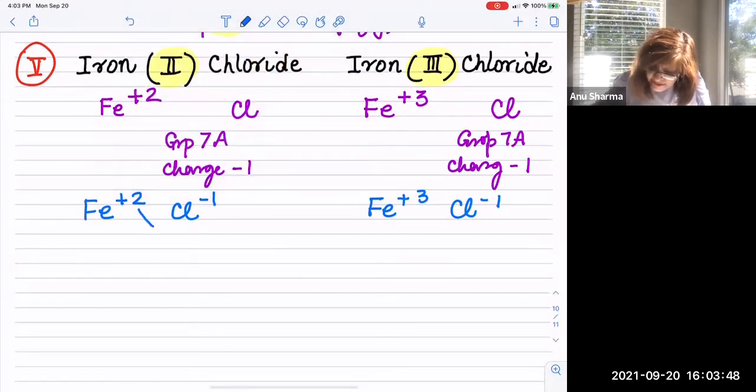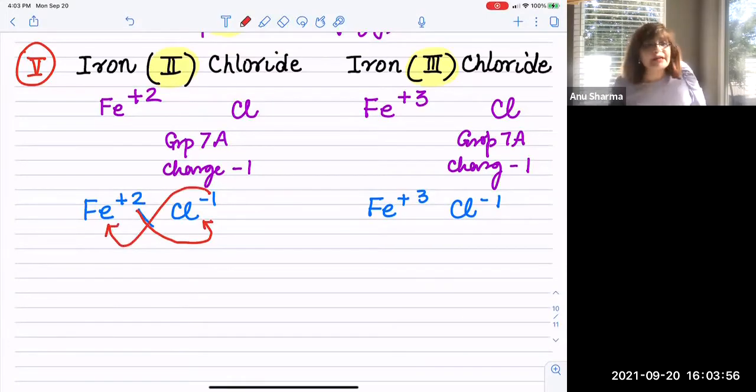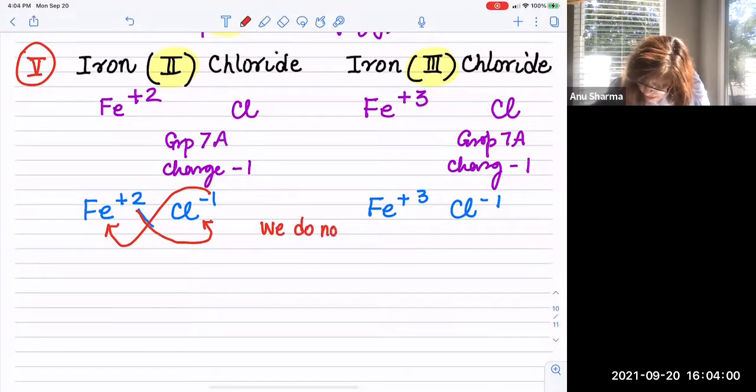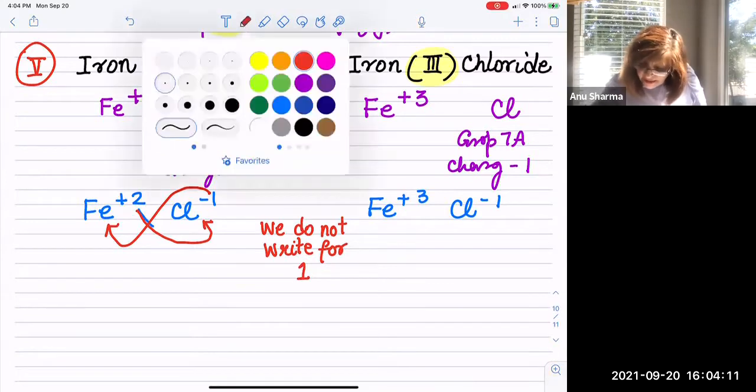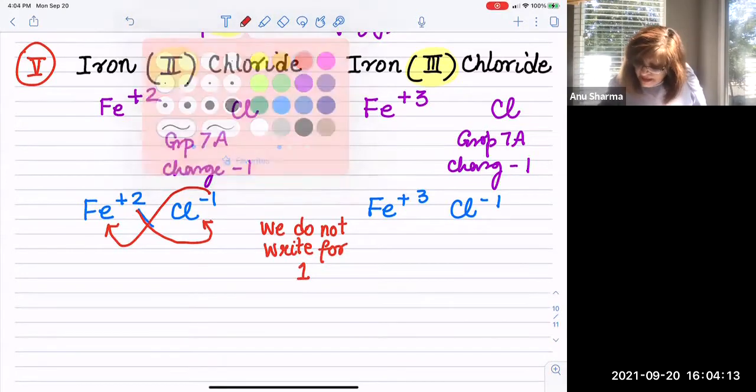So bring this here, bring this 2 here, and 1 will also be brought here, but we do not write 1. Remember, I'm not bringing in the plus and the minus.